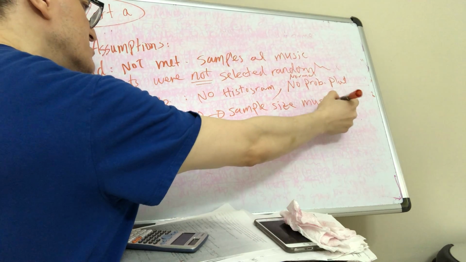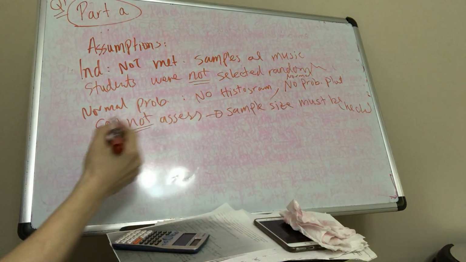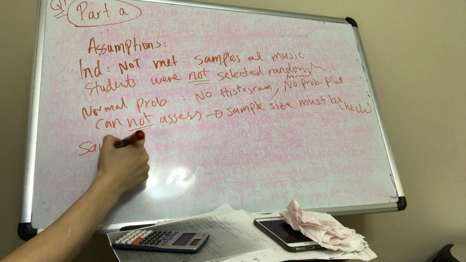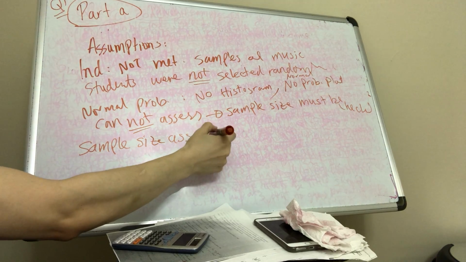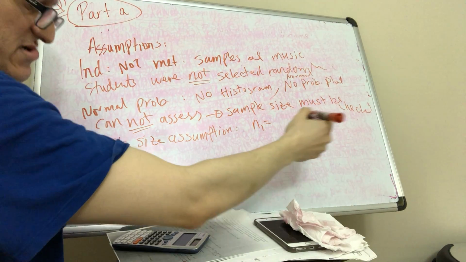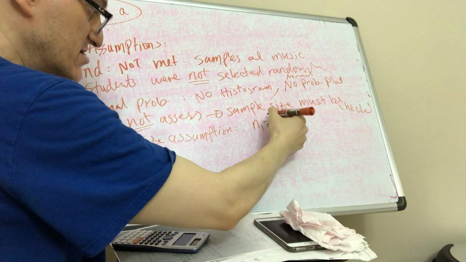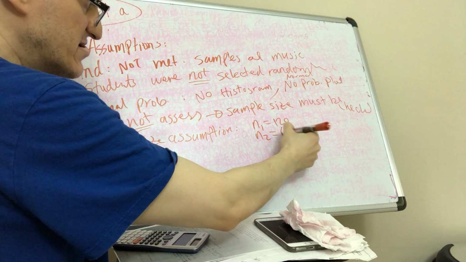Sample size assumption must be checked. For the first sample it's 120, for the second sample it's 68.